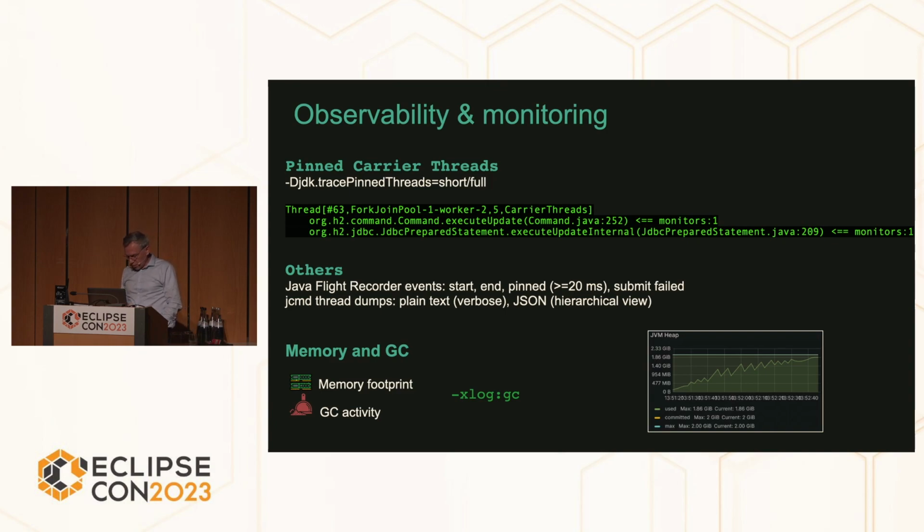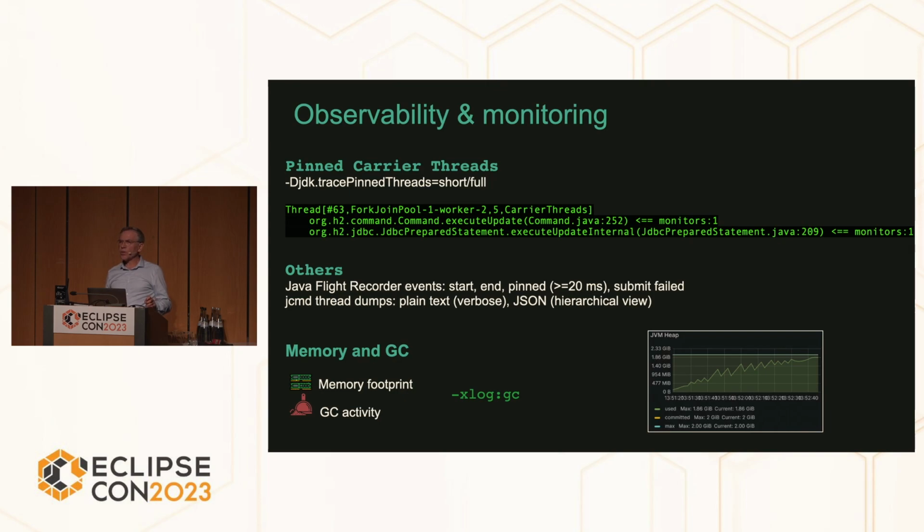What can we do more in terms of monitoring? We can use the jcmd command to get thread dumps of virtual threads, either in plain text or JSON. JSON proposes a hierarchical representation. It is very, very verbose, with plenty of repetitive data.